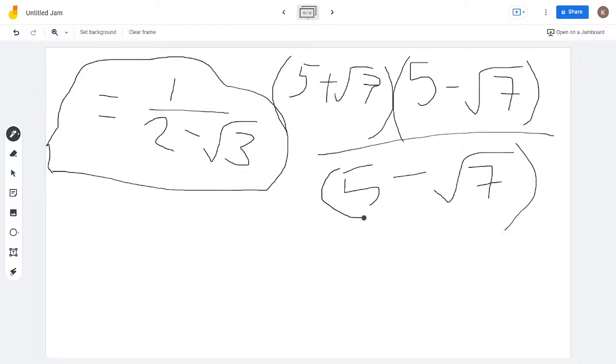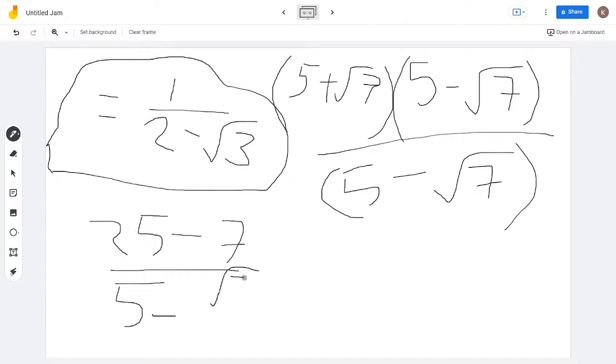Now again, a plus b times a minus b is a square minus b square. So here it is 5 square, which is 25, minus root 7 square, which is equal to 7. So 25 minus 7 divided by 5 minus root 7. Okay.